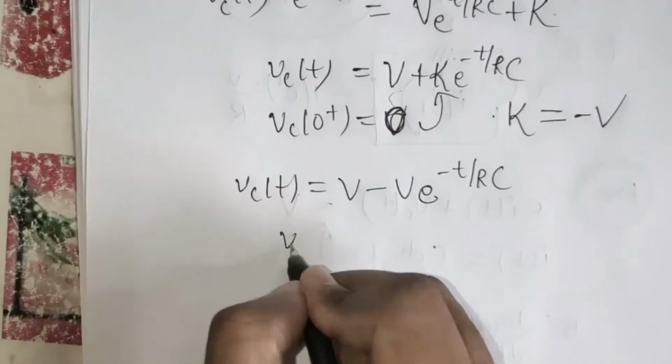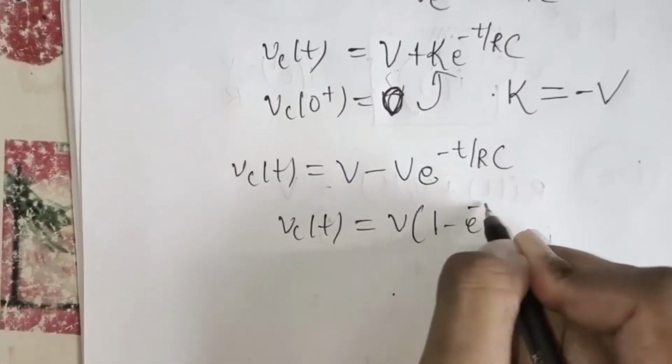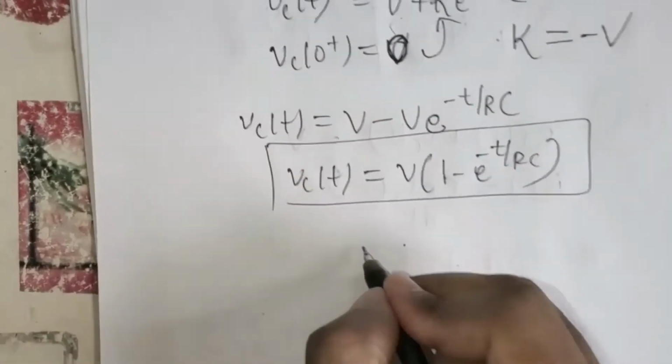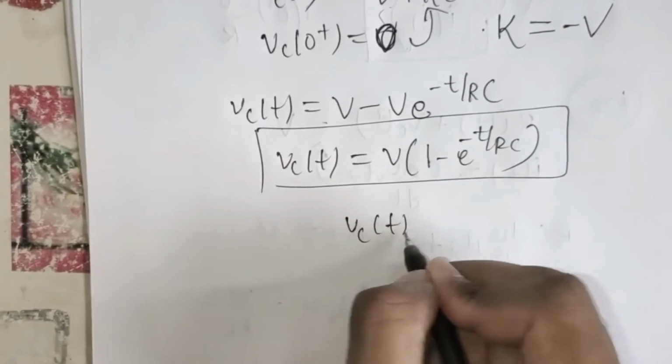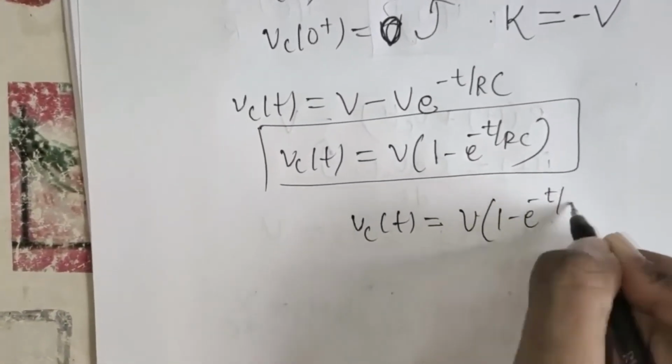So Vc of t will be V into 1 minus e power minus t by RC. So this I can write as Vc of t is equal to V into 1 minus e power minus t by tau.